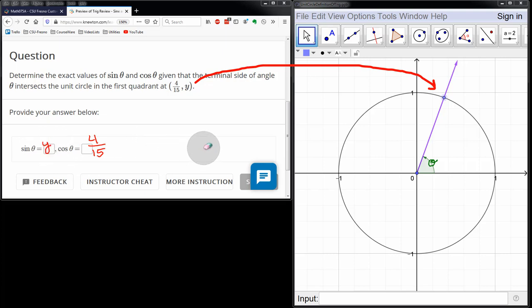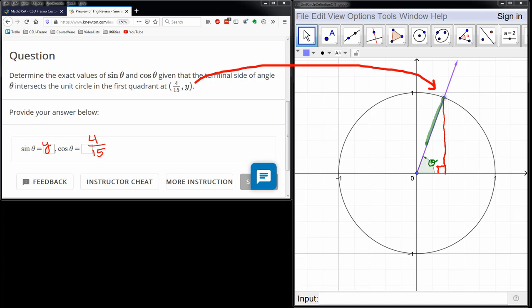How are we going to be more specific? We're going to use the Pythagorean theorem here. I can drop a perpendicular down from the point to the x-axis, and so now I have a triangle.